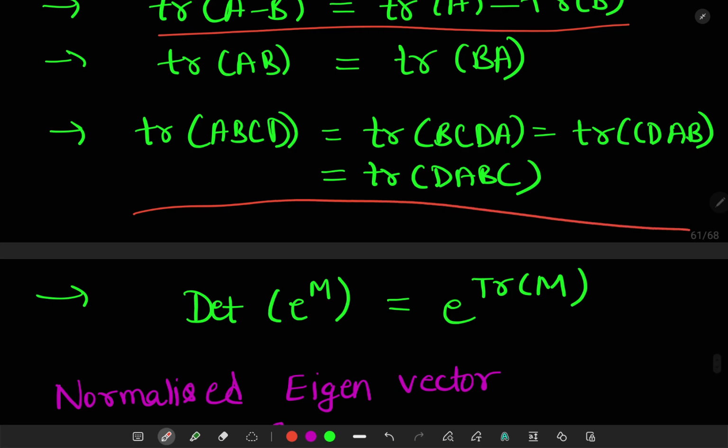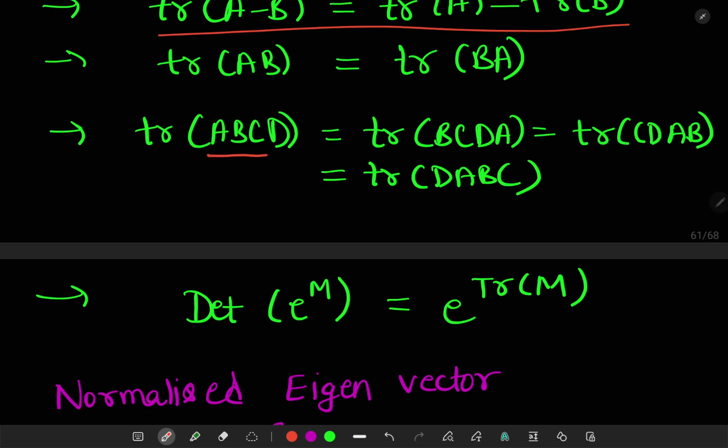And this is the most important property of eigenvalues, so trace of a matrix. This type of question comes in TIFR, JEST, JAM. So this is very important.